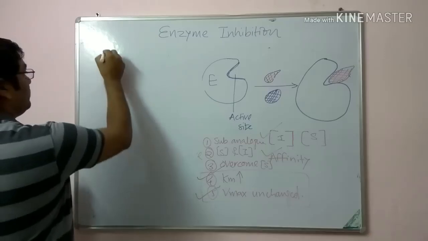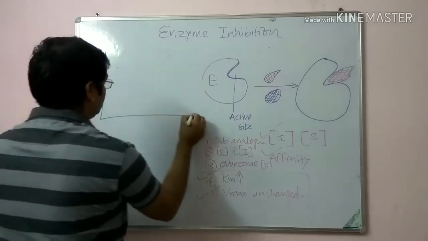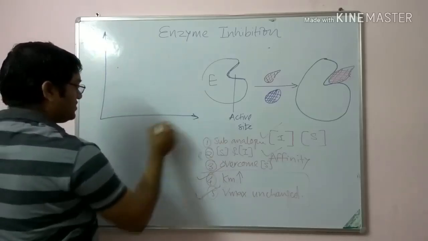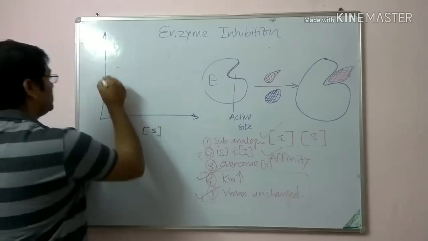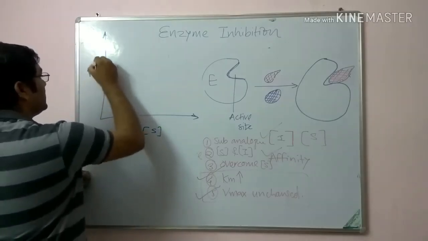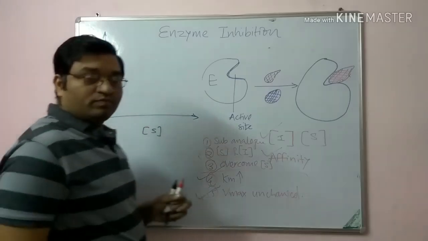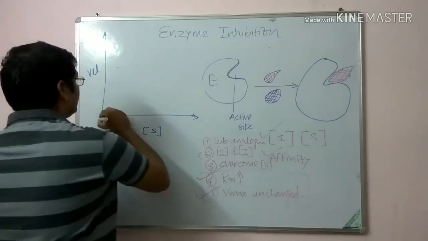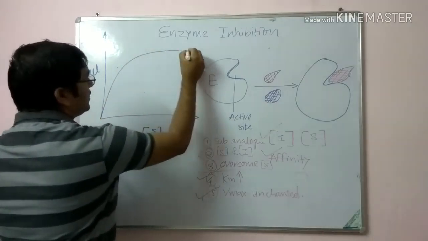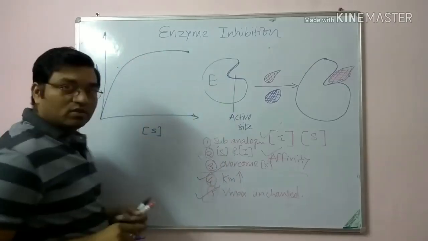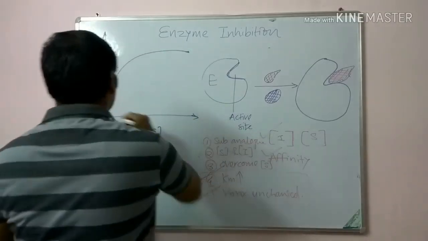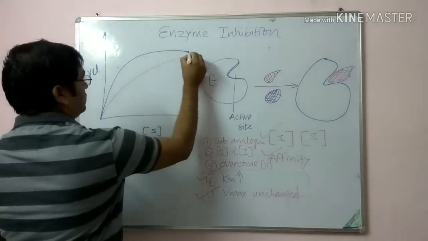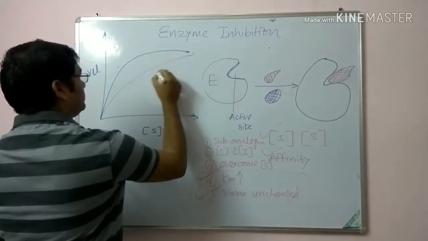Suppose this is a graph. This is the x-axis, where there is substrate concentration, and here is the enzyme velocity. Now if we plot a graph, this is the plot without inhibitor, and this is the plot with inhibitor.